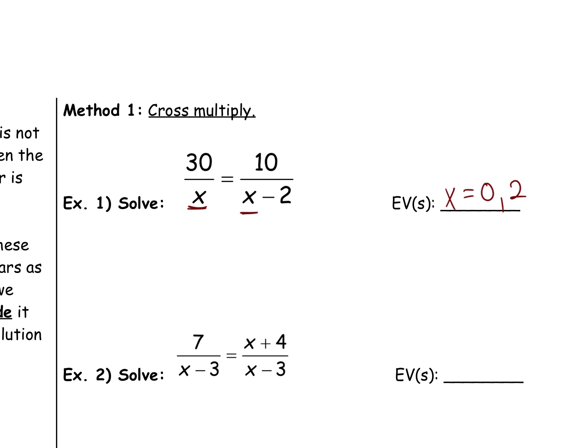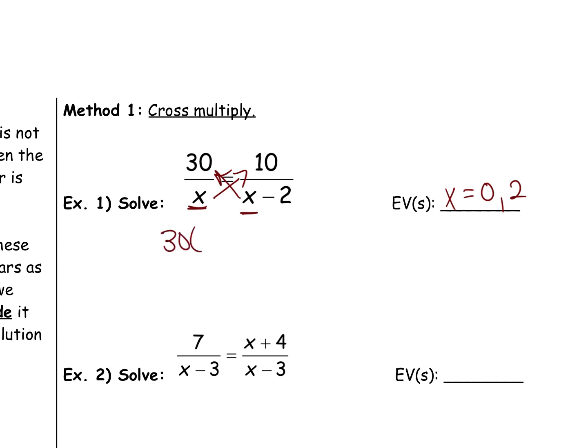In this case, they want us to practice the cross multiplying method. And the reason is sometimes one will be easier than the other, okay? None of them are necessarily wrong. It's just which one is going to get me there faster. So if I cross multiply, I can cross multiply because I have a fraction equal to a fraction.